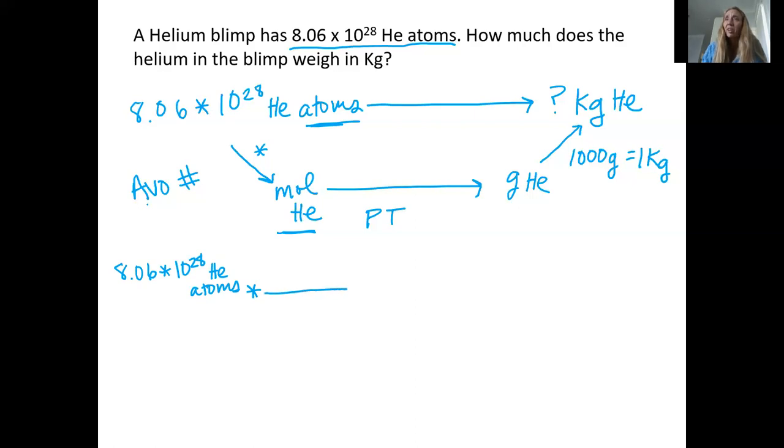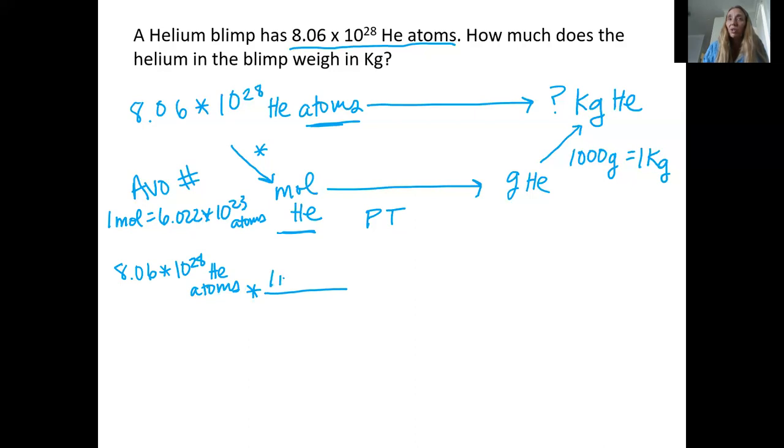Okay, next I use Avogadro's number. Avogadro's number is 1 mole equals 6.022 times 10 to the 23 something, right? And in this case, it's going to be atoms. Since these are equal, I'm going to choose which one goes on the top and which one goes on the bottom. Since my atoms are on the top here, I need to put atoms on the bottom.